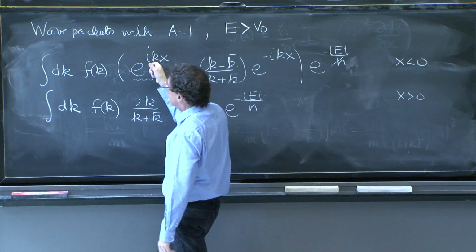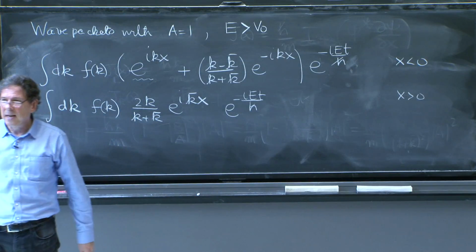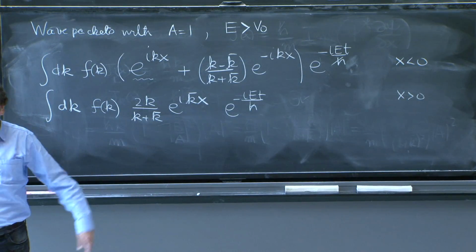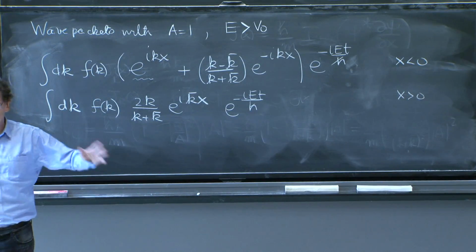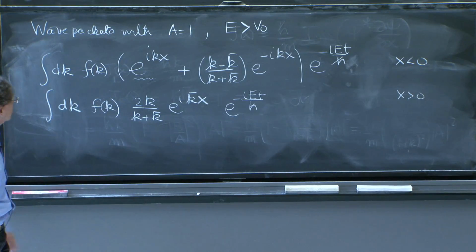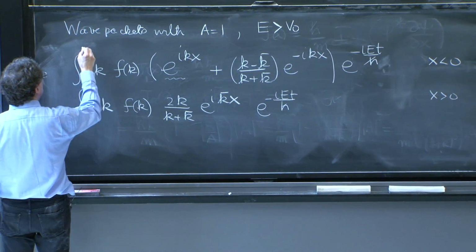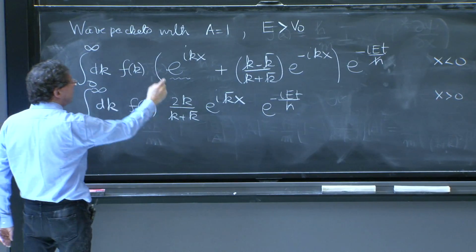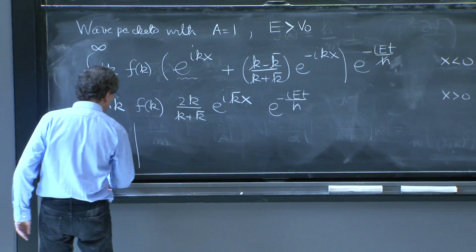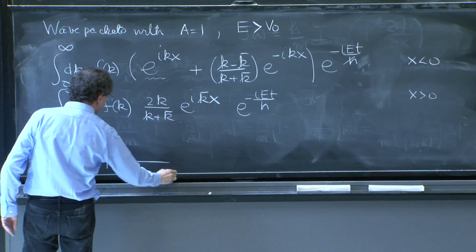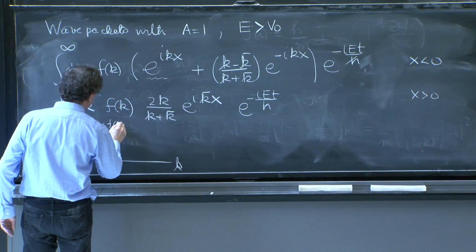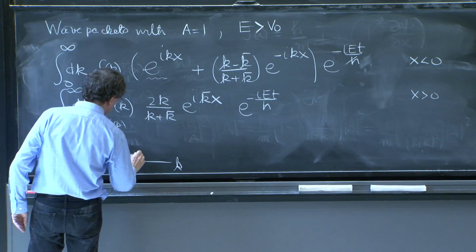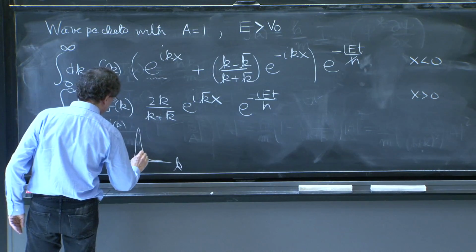If I start putting things where k is negative, I'm going to start producing things that move to the left and to the right, and a terrible confusion. So yes, it should go 0 to infinity. And f of k, what is it? Well, in our usual picture, f of k is some function that is peaked around some k naught.